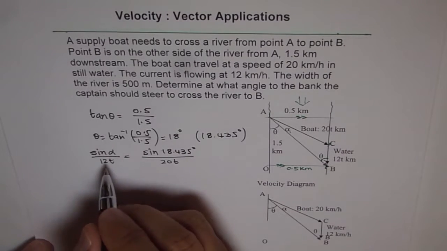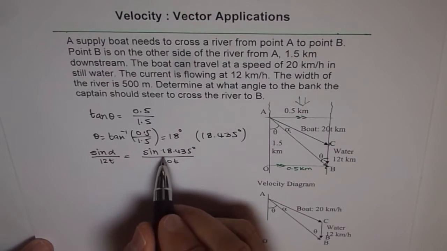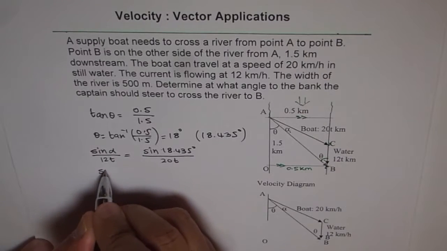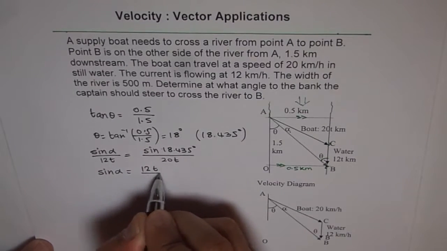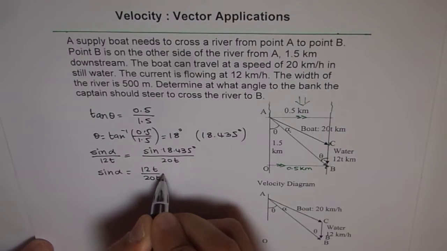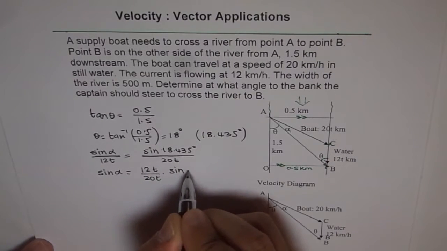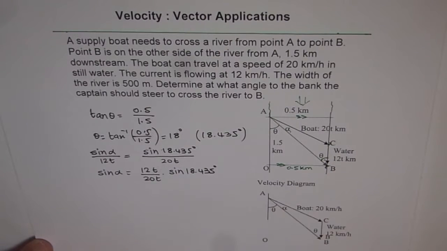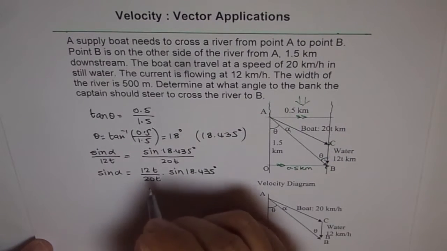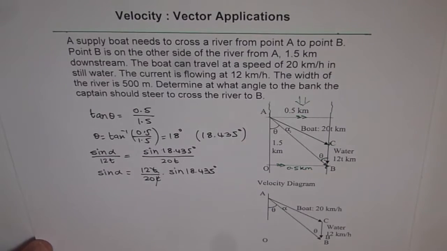So sine alpha will be 12t times this, right? Let me write sine alpha equals 12t divided by 20t times sine of 18.435. Now you will appreciate what I was trying to say. T and t cancel out. Do you see?